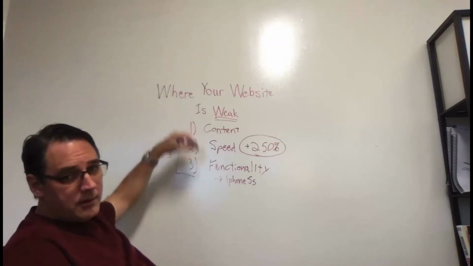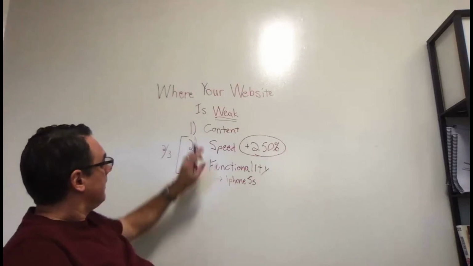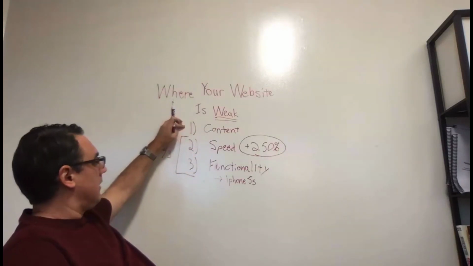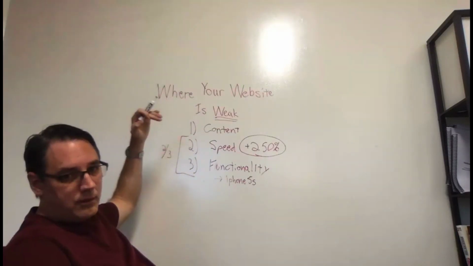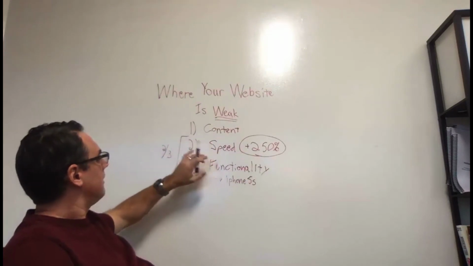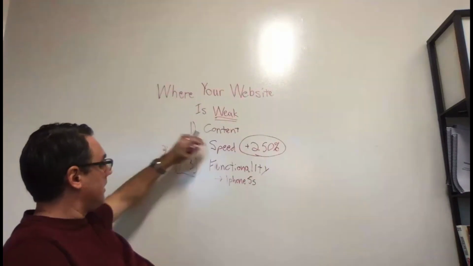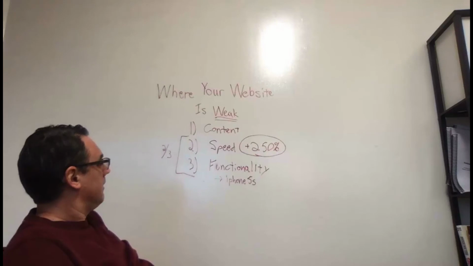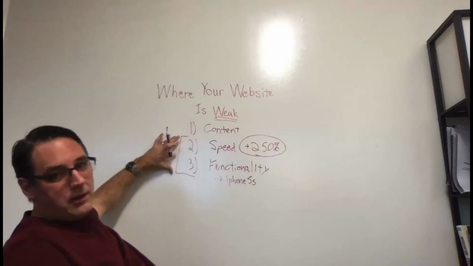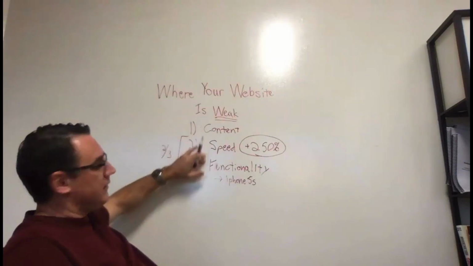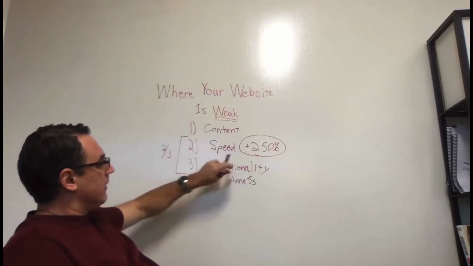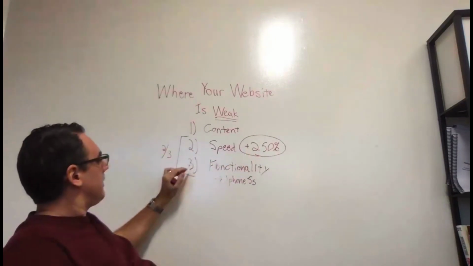There are only really 3 things that make a website convert visitors into sales or leads: content, speed, and functionality. And most people completely forget about these last 2. So there's a substantial amount of improvement that can be had in here.